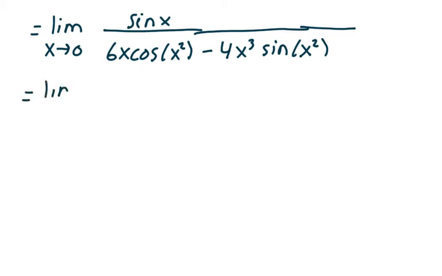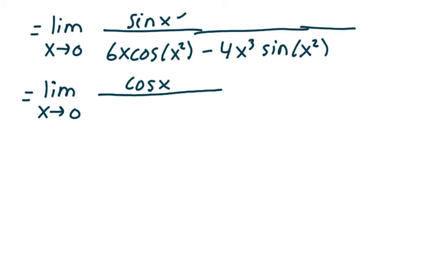So we're going to do the L'Hopital's rule one more time. And I know it's one more time because when I take the derivative of sine x, I get cosine x. And as x goes to 0, cosine of 0 is 1. So we're going to be done on this line. They're not all going to be like that, by the way. So we have two product rules here.